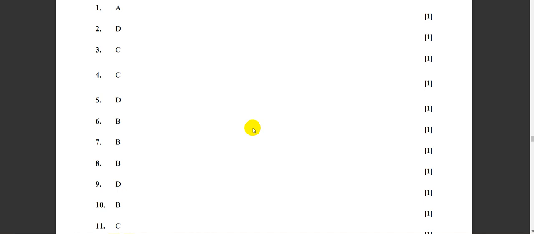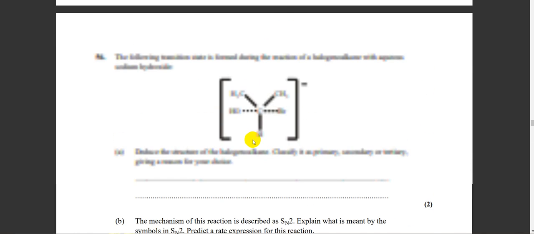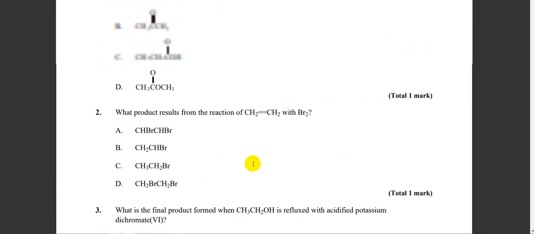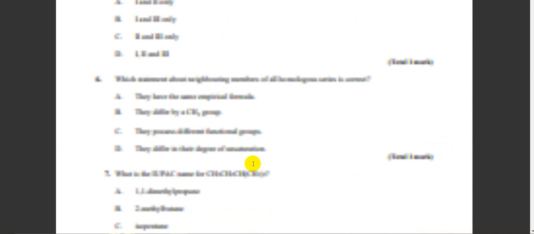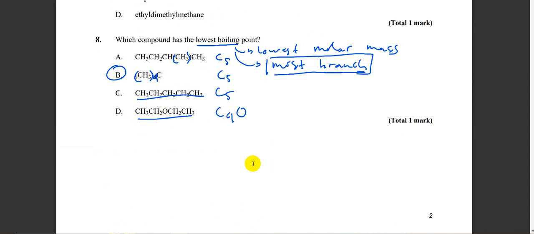Let me see again, I forgot. Yeah, our answer is also B. See? Easy breezy. First, find the molar mass by just the number of carbons and then see the branches itself.